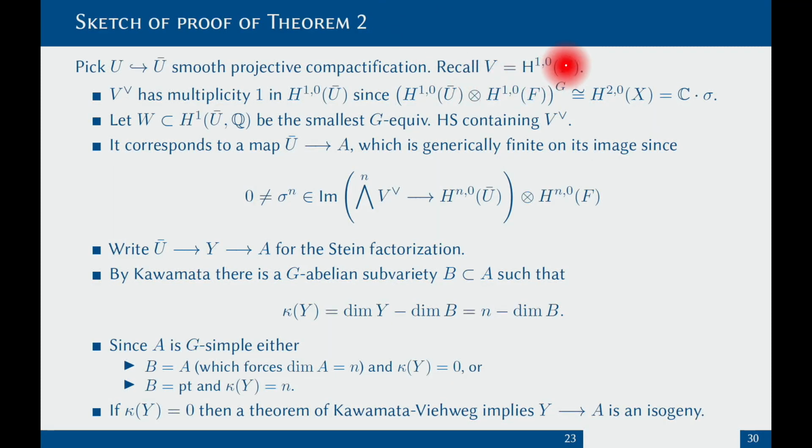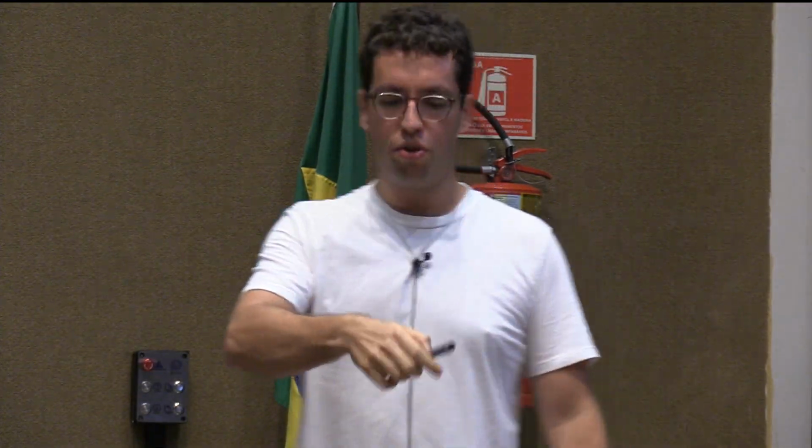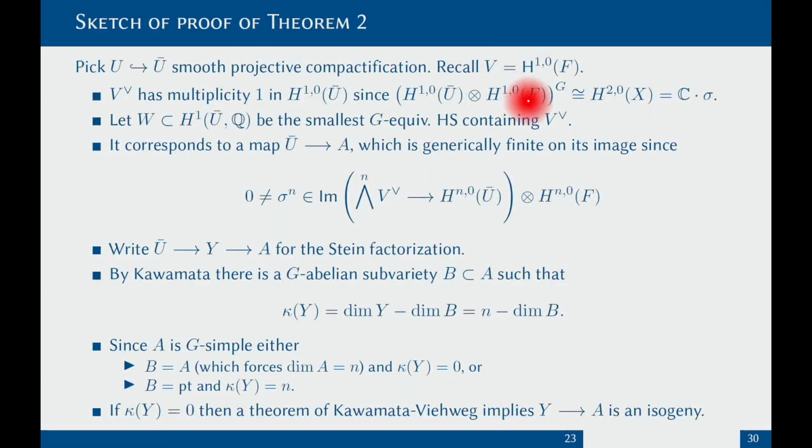Okay, so let V be the representation on the holomorphic one-forms of the fiber. And you can check that V dual has multiplicity 1 in H^{1,0} of U bar. So there are two representations going on: the representation on the cohomology of the base and the representation on the cohomology of the fiber. Basically, they have to be dual to each other because you have a holomorphic symplectic form in degree 2.